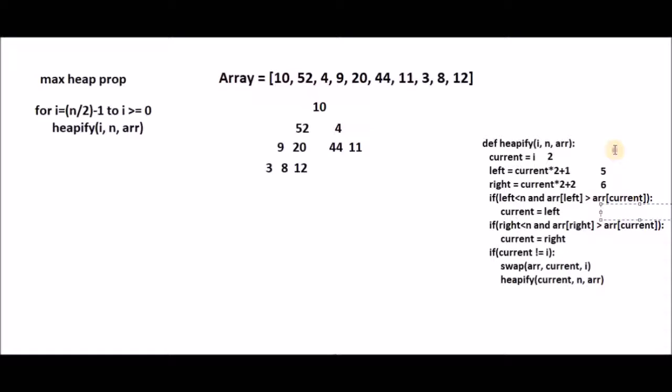Since this condition still satisfies, the right's not going to change, but the current is a bit different. So is 11 greater than 44, which is not the case. So we come here and we see, alright, the current is 5 and i is 2, so it's not the same. So what we do is we swap. So we swap these two elements.